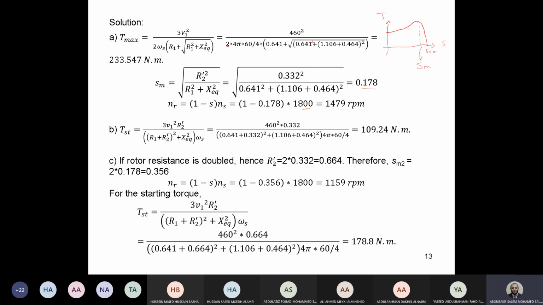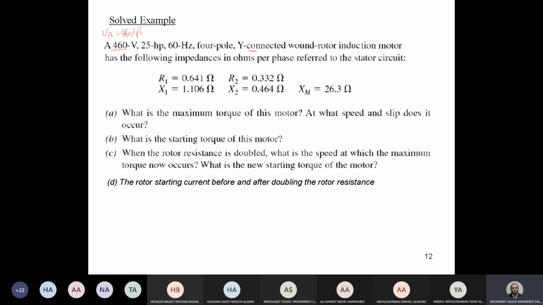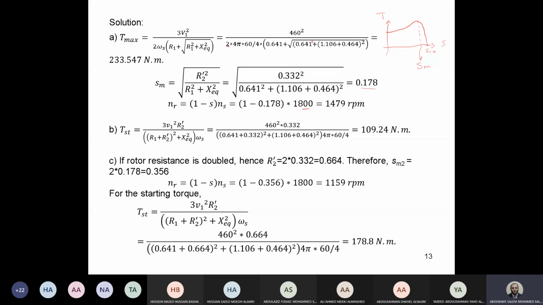The full load speed is not given here. So we can say that the speed at S maximum equals 1479, which is the speed at this point.